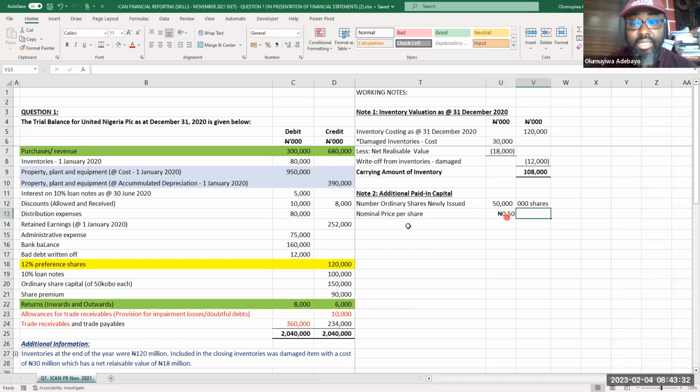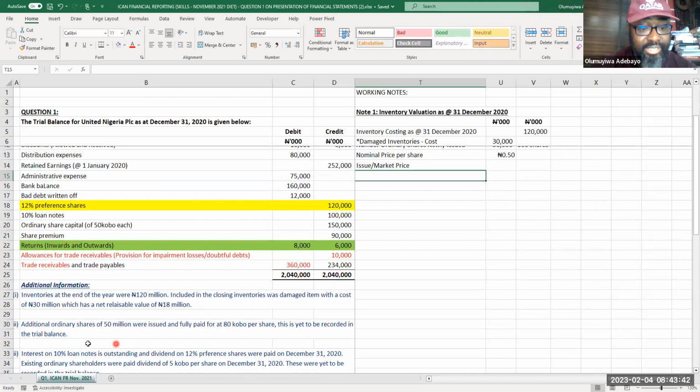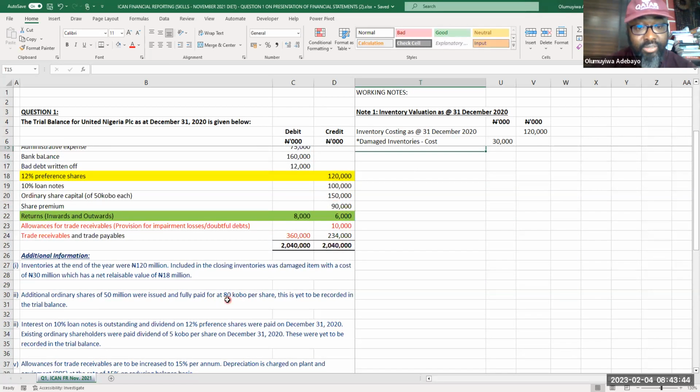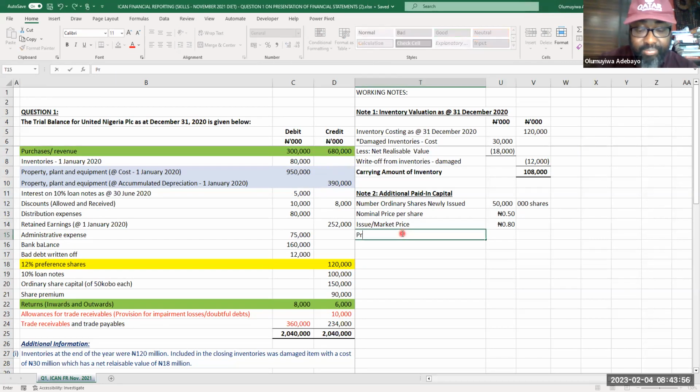Okay. Now, what is the issue price? Issue or market price? The information here says it was issued for 80 kobo. Therefore, this 80 kobo means there's a premium on new issues.